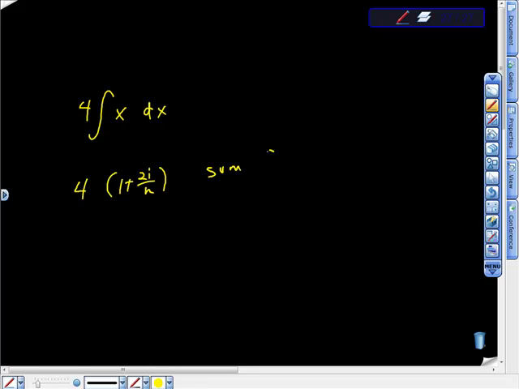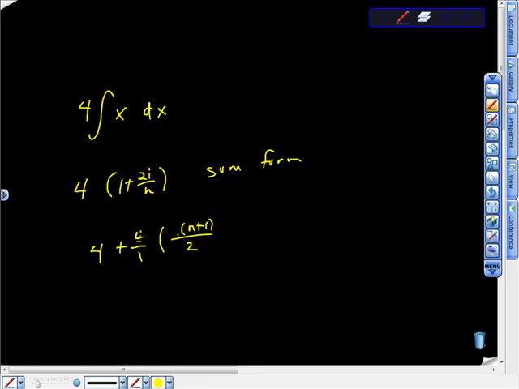Summation formulas give us 4 plus 8 over n times n plus 1 over 2. This cancels this, doesn't it?